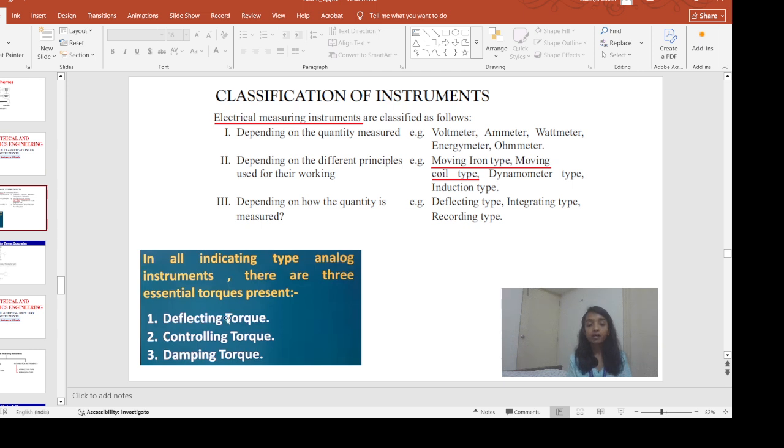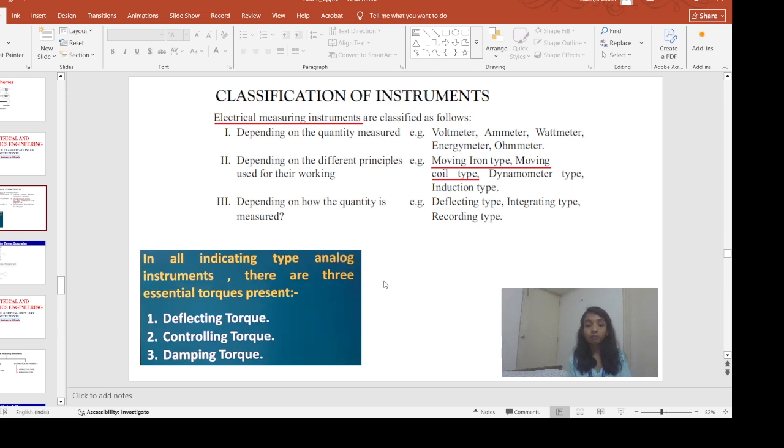Now, if we are using a 0 to 20 ampere range ammeter, and if I am supplying 1 ampere current, then I will observe the 20 ampere reading by the pointer. Even if you change the supply from 1 ampere to 5 ampere, still we can observe the 20 ampere reading by the pointer.